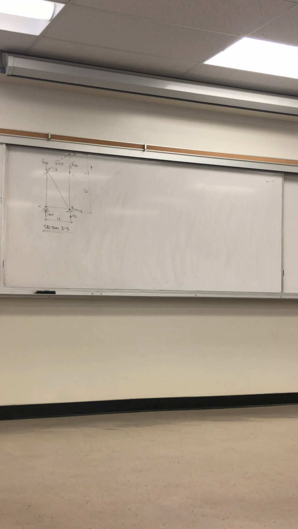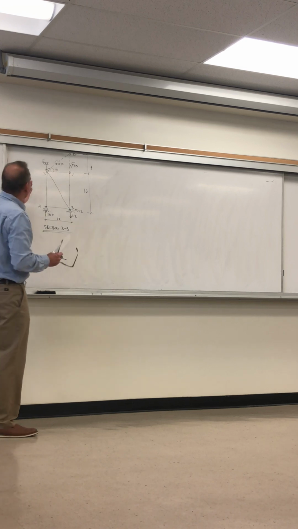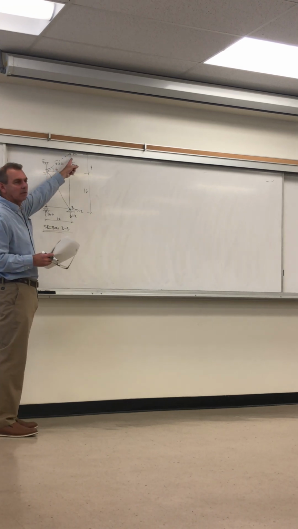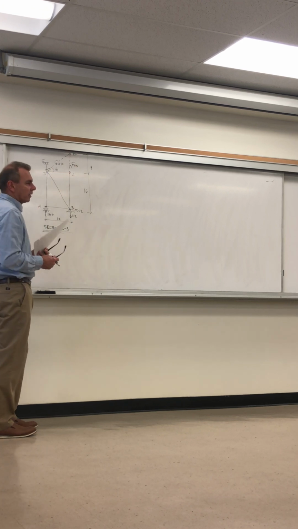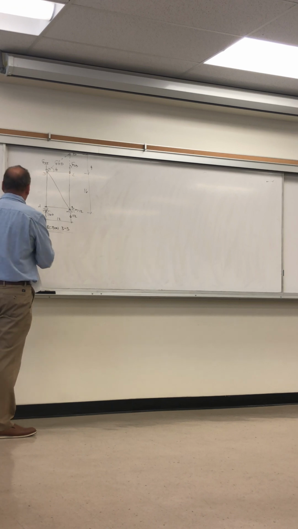We can sum wherever we want, so I'm going to sum moments about this location that's off of the section to simplify it. So I have summation of moments about P is 0.